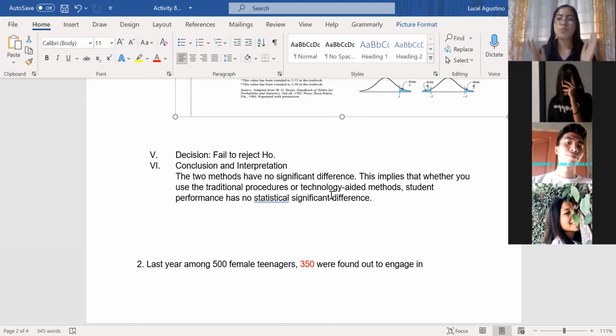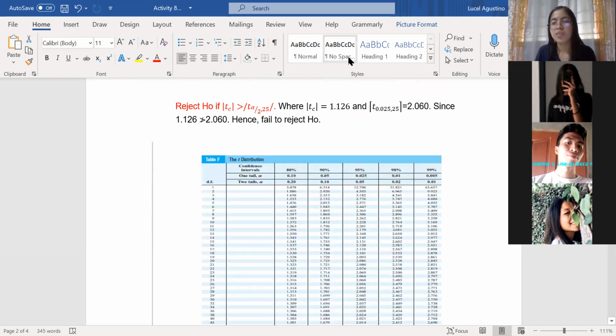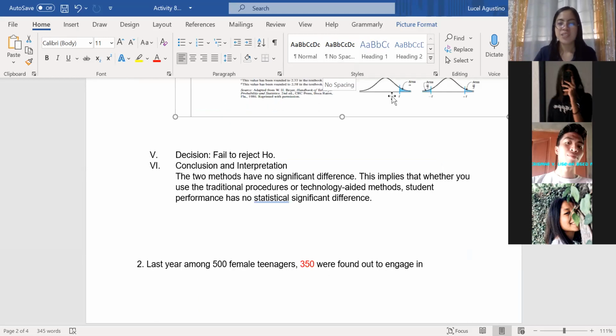So then isugpon dayon ninyo ang inyong related literature, as supported by Chris Marr 2022. Indeed, it depends upon the capacity of the students to understand, so something like that. So that is for t-test.